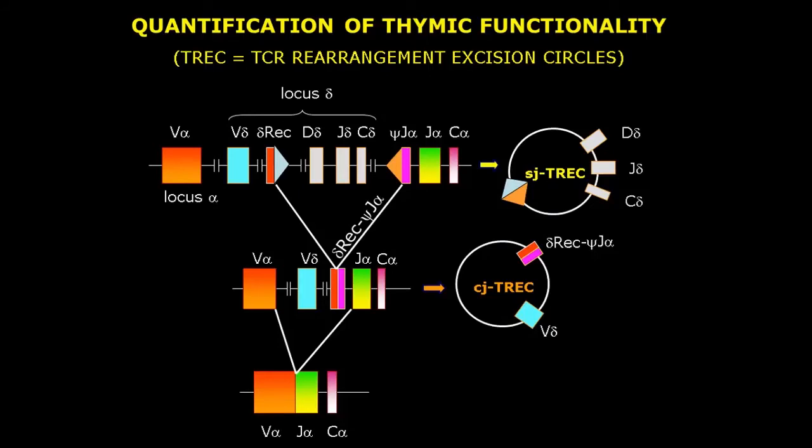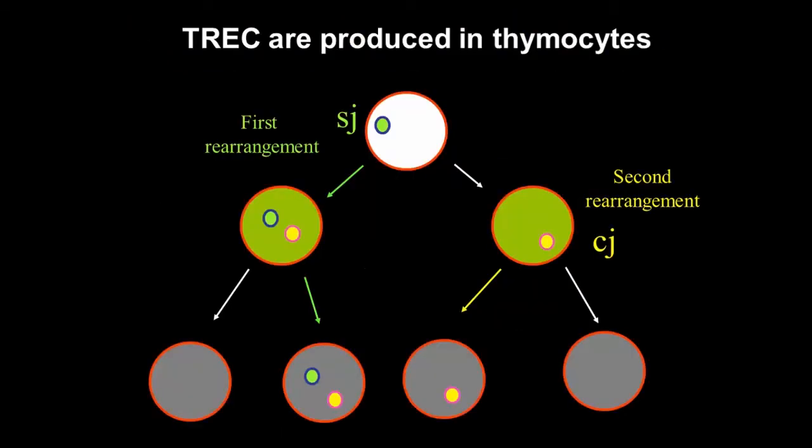TREC stands for T cell receptor rearrangement excision circles, which are what happens during the rearrangement of the cells. To make a long story short, during the rearrangement of the alpha chain of the T cell receptor, some parts of the DNA are cut. They form circles that remain in the cytoplasm and can be measured by molecular biology assays.